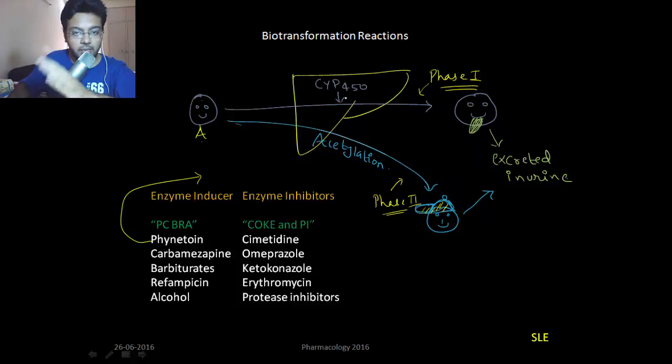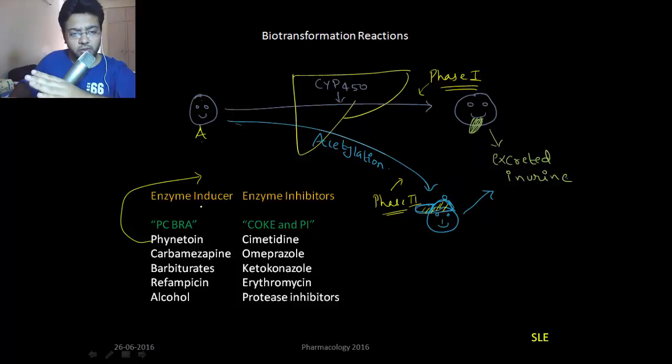This cimetidine will inhibit the cytochrome enzyme, and drug A will remain as it is in your blood. It won't be excreted. So phenytoin as an inducer can hasten the elimination of other drugs. Cimetidine as an inhibitor can increase the toxicity of the other drug.